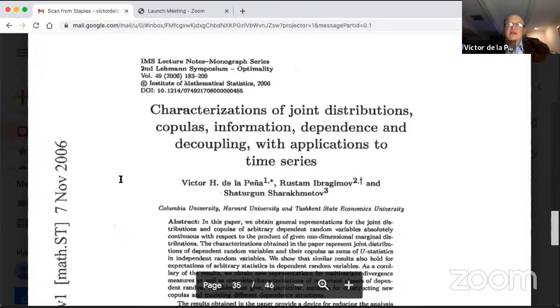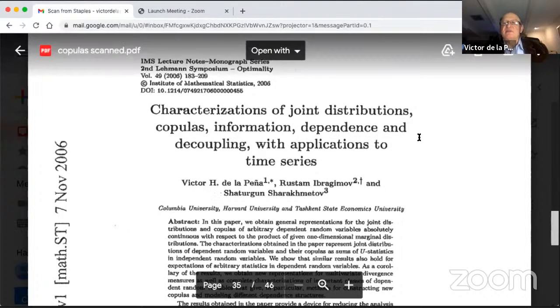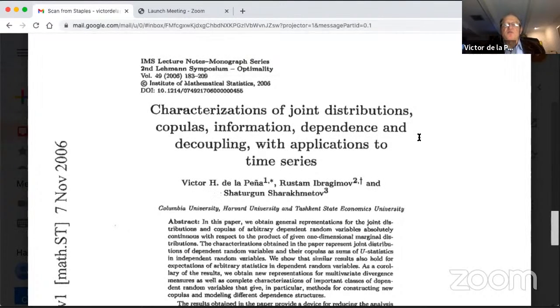Let me just wrap up copulas by saying that there's a paper that characterizes joint distributions and copulas. Basically, this paper tells you what every copula has to look like. So if you have a copula, it has to be of this form.